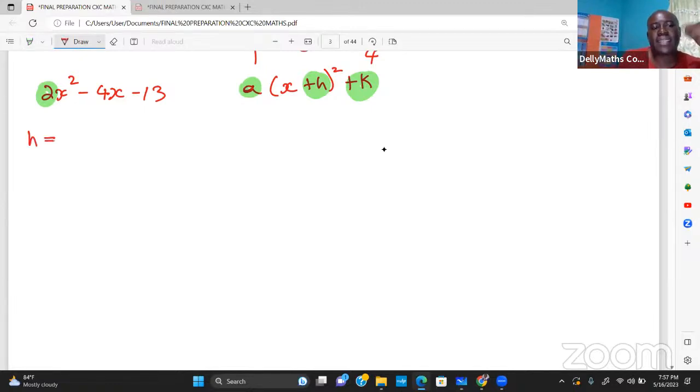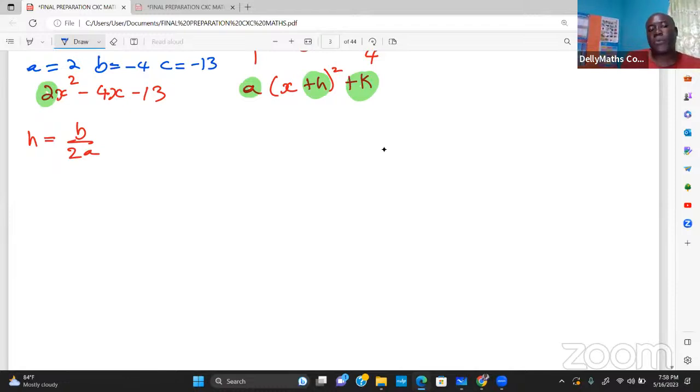So I'll say h is equal to b over 2a. So what we want to do is to write down what is a, what is b, what is c. So I'll do that now. A is the coefficient of the square, so it is going to be 2. B is going to be -4. And C is -13.